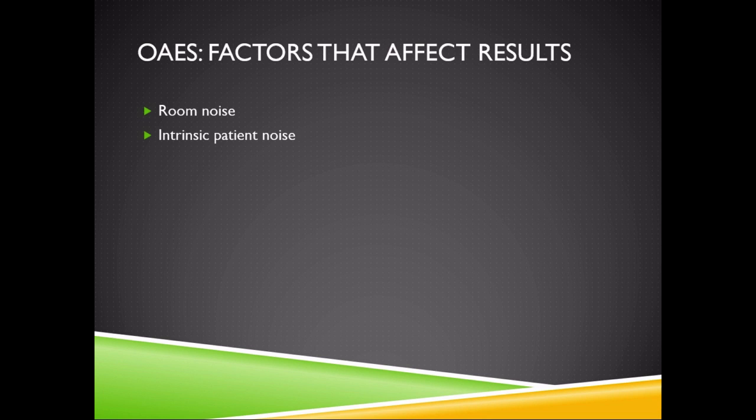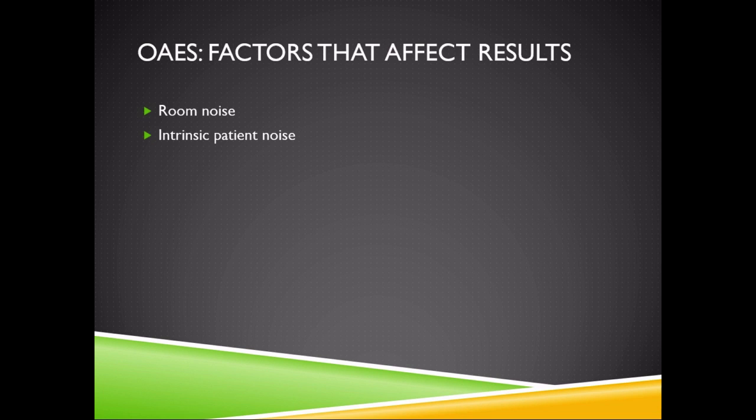Patient noise. In kids, in very young people and babies, this can be physiological noise if they're moving around. Very young infants are very twitchy, and that can cause this sort of intrinsic physiological noise. The other thing that I'm actually starting to see a lot of right now that causes intrinsic patient noise is loud breathing.